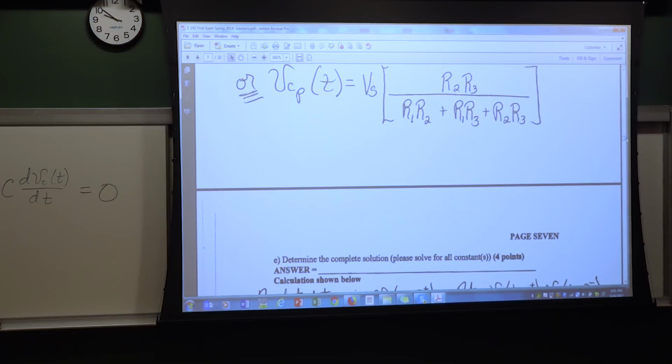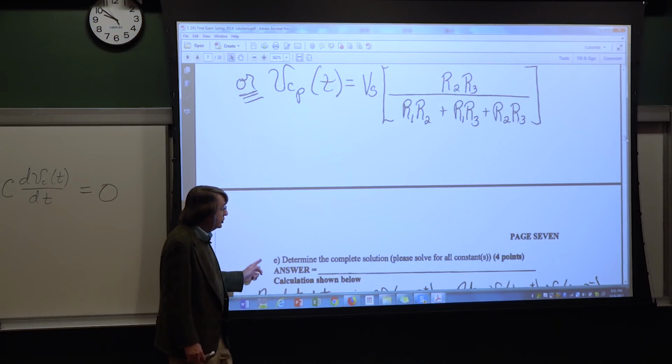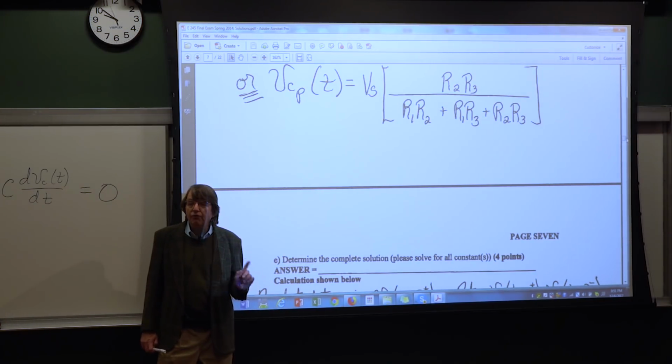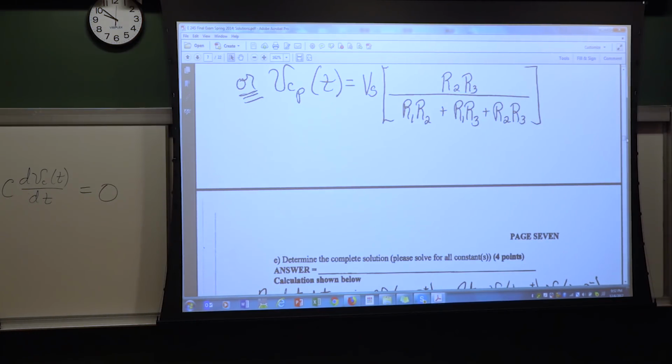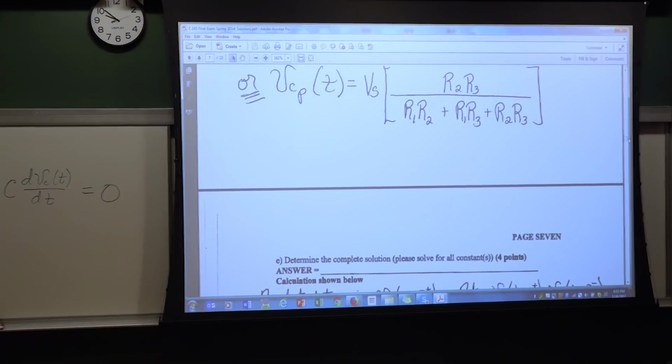All right, now, I'm reading down here now, determine the complete solution, solve for all constants. Now, it turns out that we have one unknown constant, K, the K in Ke to the minus t over tau. So I say, okay, what do I have to do here?